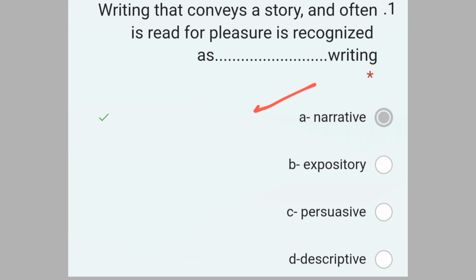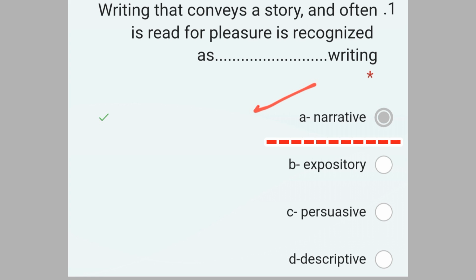1. Writing that conveys a story and often is read for pleasure is recognized as writing. A. Narrative. B. Expository. C. Persuasive. D. Descriptive. 2.